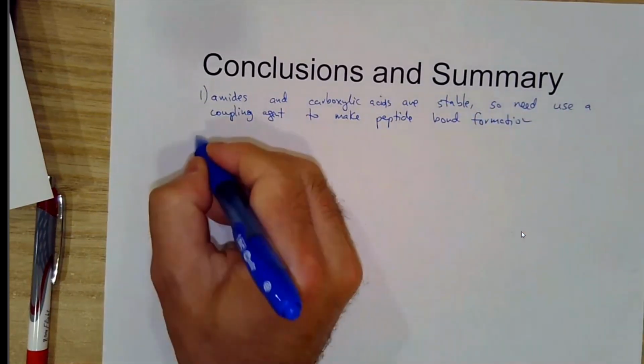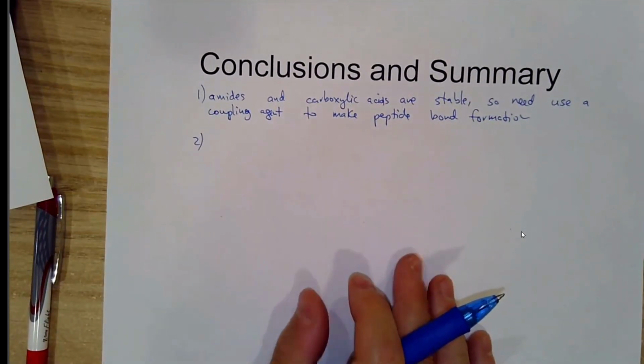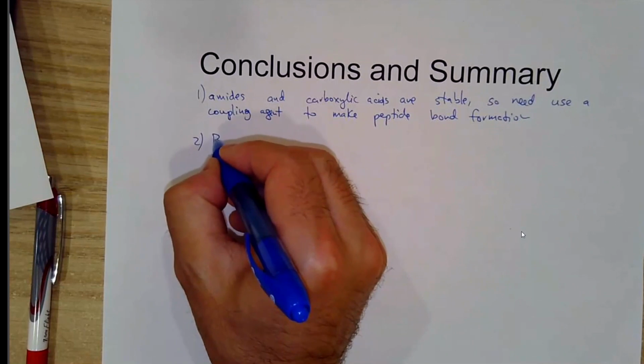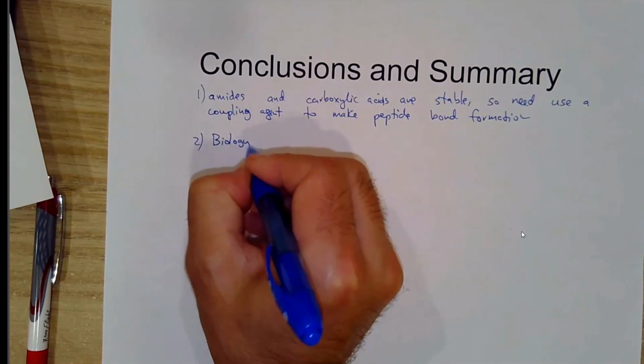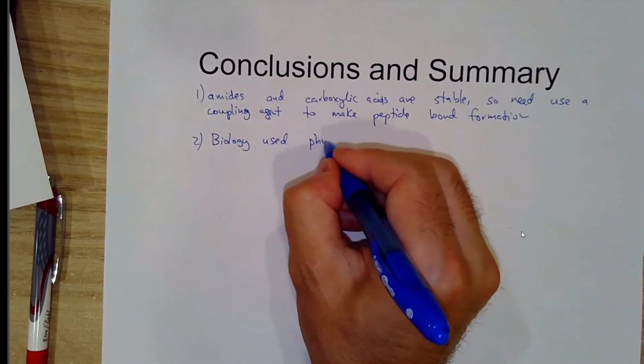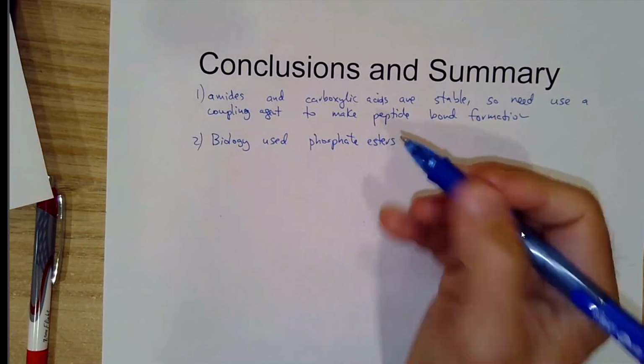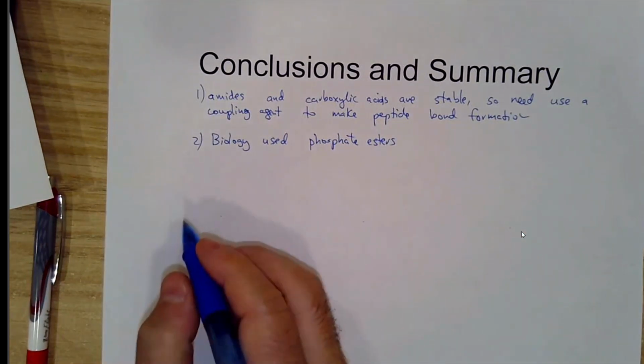Then we used that information and talked about the biological synthesis of peptides. So we learned that biology uses phosphate esters as its activated form to help facilitate this reaction.